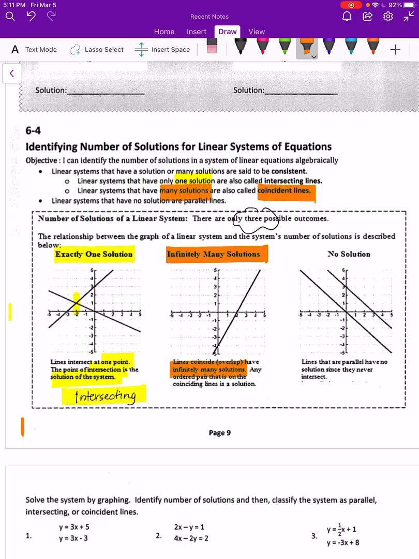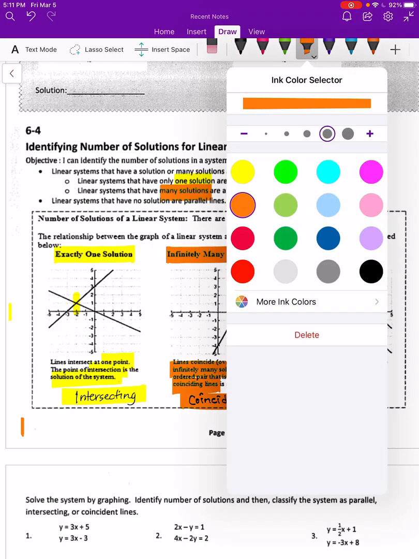Any ordered pair on the coinciding lines is a solution. So these are called coincident lines. I'm going to highlight that. Let me write it in. Coincident. So what a coincidence. It ends up being the exact same line, one on top of the other.